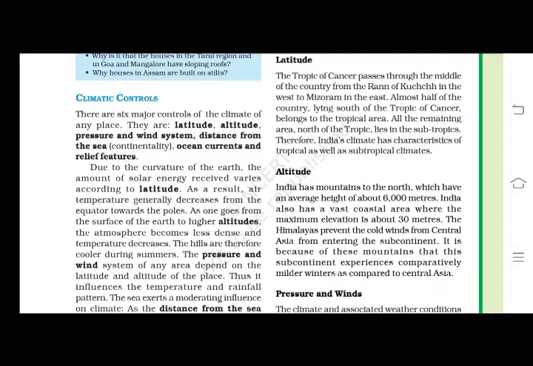It is because of these mountains that this subcontinent experiences comparatively milder winters as compared to Central Asia, meaning less cold. So this is the reason why altitude affects the Indian climate.